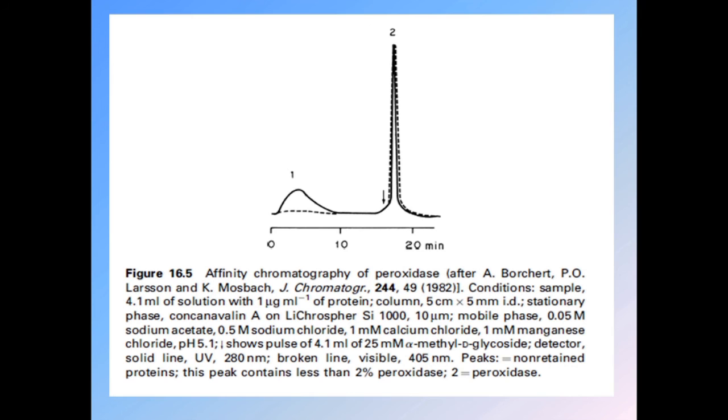Detector: solid line UV 280 nanometer, broken line visible 405 nanometer. The first peak is non-retained protein and contains less than 2% peroxidase, and the second peak is for peroxidase.